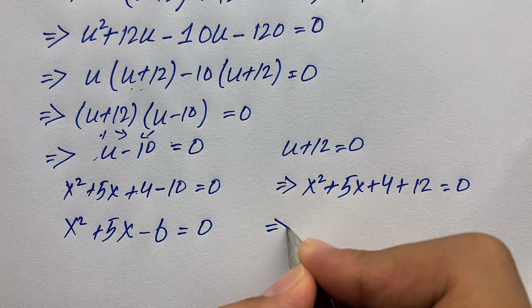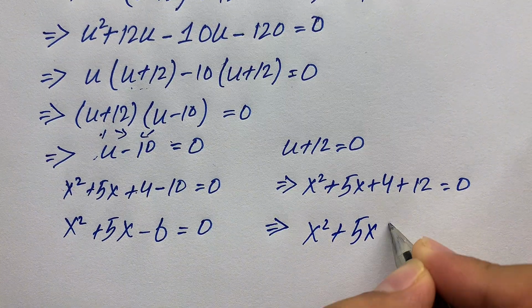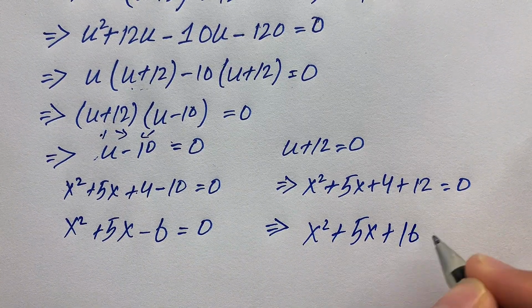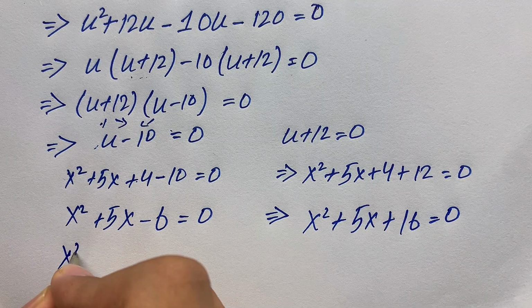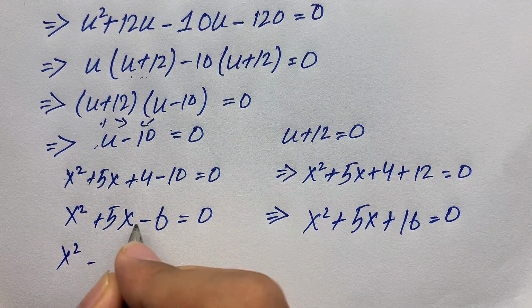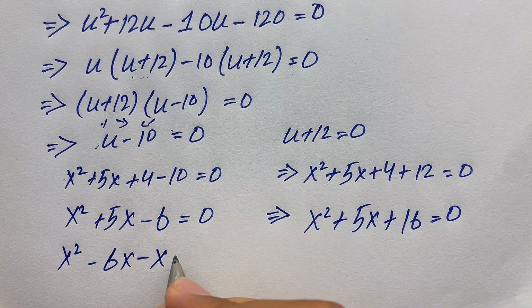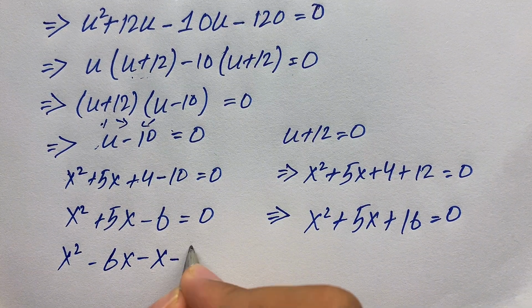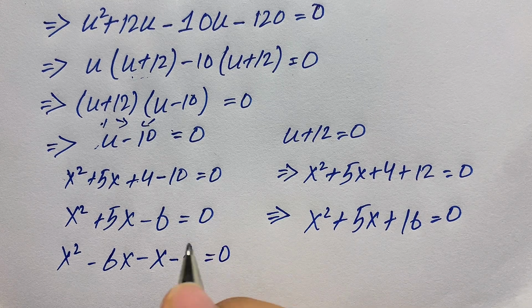So in this, x square plus 5x plus 4 plus 12 is 16 is equal to 0. And next, x square plus 6x minus x minus 6 is equal to 0.